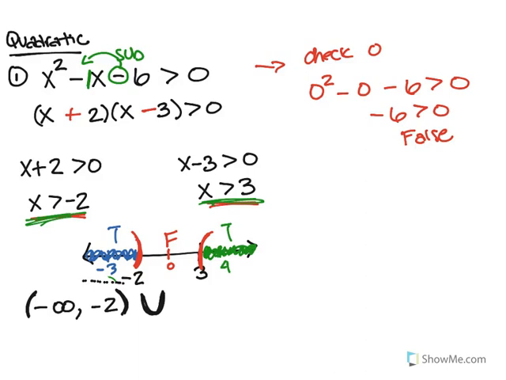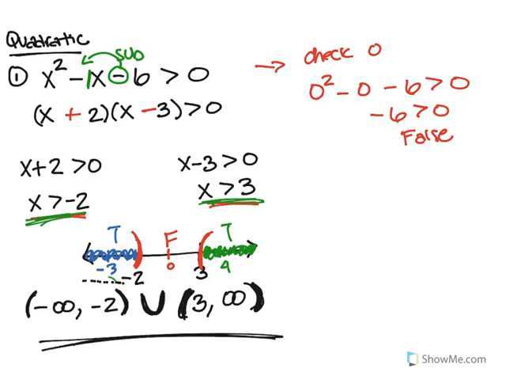So now I've skipped over that middle. I start back up at where? 3, and I take it to what? Positive infinity. Very good. And both of them also in parentheses. Does everyone see that? That's how you write an interval notation for an outside shade.